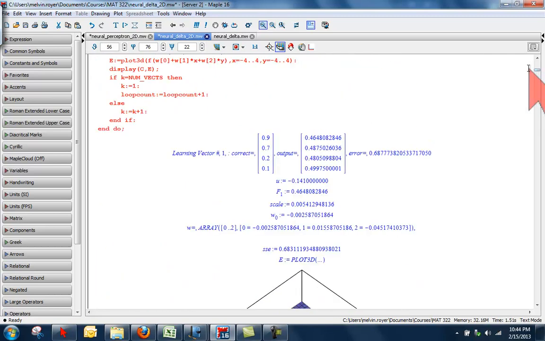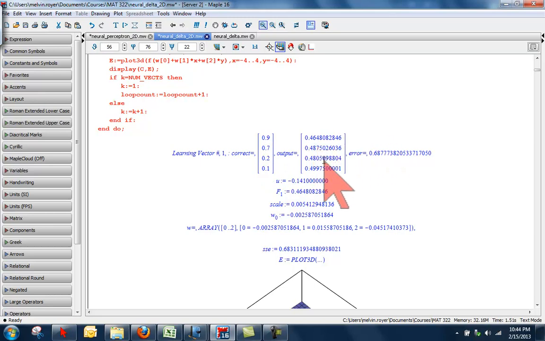It's saying, okay, I'm trying to learn vector number 1. Here are all of the teacher answers, the correct answers. Here is what the network is guessing. And in particular, for vector number 1, the teacher answer is 0.9, whereas the network is guessing 0.46.